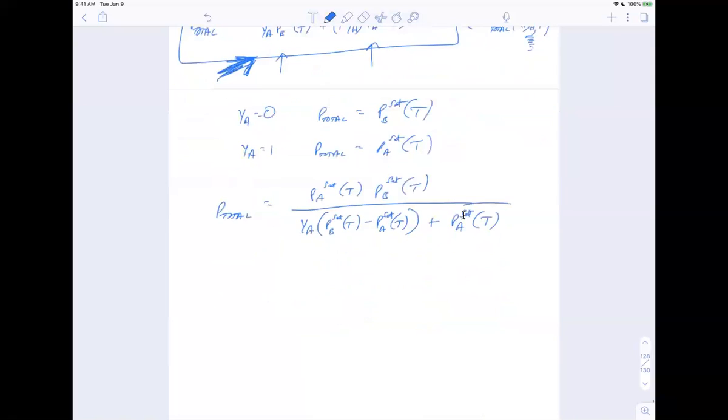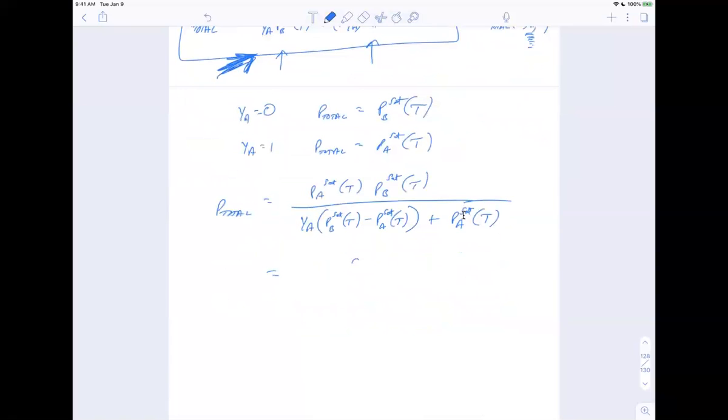So what this tells us is that this is essentially some constant divided by, let's say if we wanted to write this as some function of Q, where Q is our independent variable. I'm doing this to show you what the form of this function would look like. So let's say Q is some independent variable and f of Q is some function that depends on Q. Well, this will just give us a constant in the top because we know the saturation vapor pressures are constants.